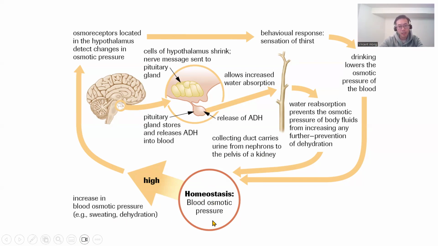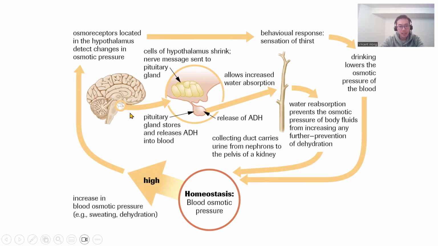Anyway, if you're dehydrated or sweating, your blood concentration is going to go up, and that's going to trigger the osmoreceptors, the ones that shrink. That creates thirsty behavior. You drink water, and drinking the water will replenish your fluid level, and your blood osmolarity will be brought back to normal.